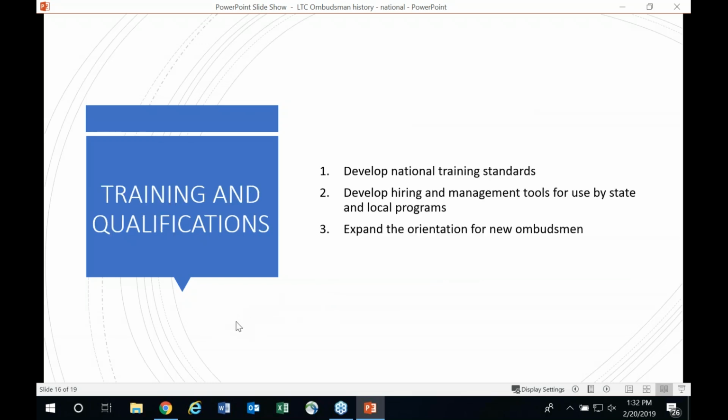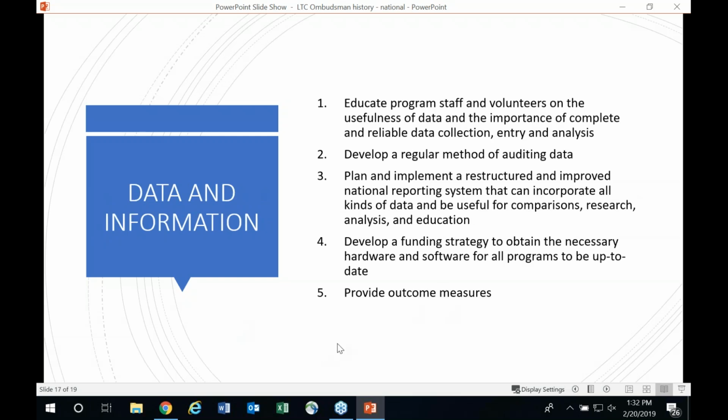And again, there was a lot of stress on developing national training standards, developing hiring and management tools for use by state and local programs, and to expand the orientation for new ombudsmen. And of course, the data and information, I always call that the necessary evil.